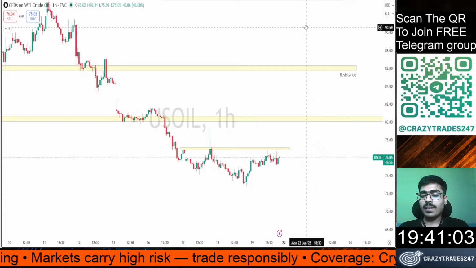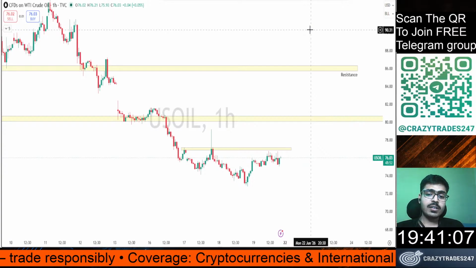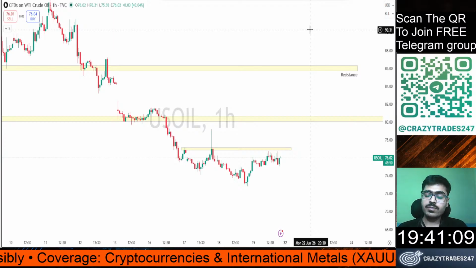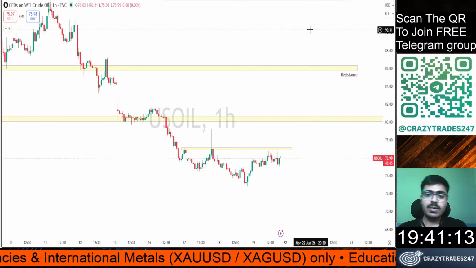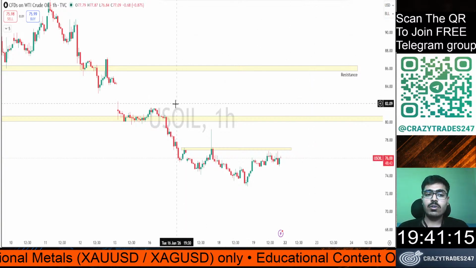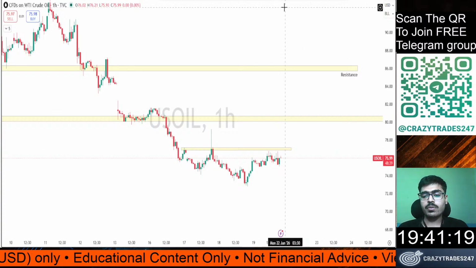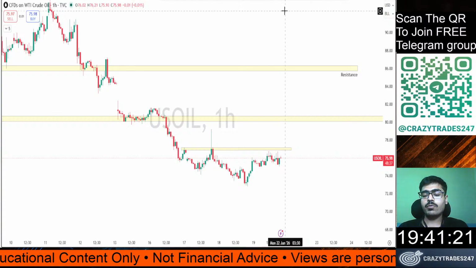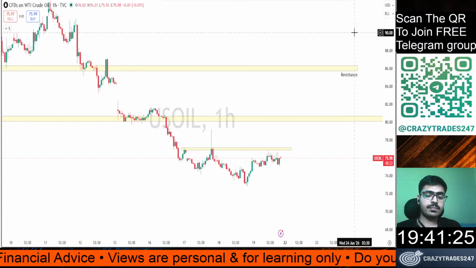So I'm not here claiming that the agreement is not going to happen, but only if it does not happen. If something goes wrong on the way, then the price structure is already in such a way that it can shoot up like anything, and we won't even be surprised looking at the technicals.